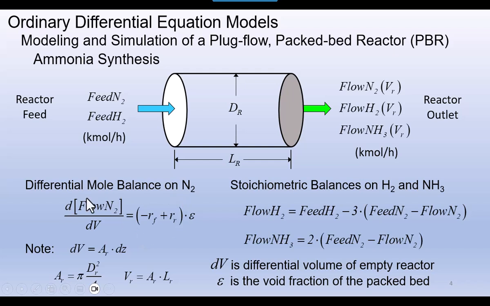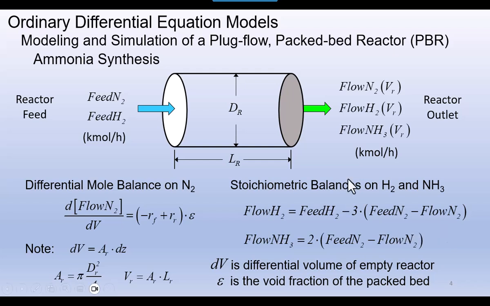And then once you have that, the model actually here is fairly simple, because if you know the feed flows of nitrogen and hydrogen, you can get the flow of hydrogen at any point in the reactor via stoichiometry, given the amount of nitrogen that has been consumed, times 3. And then you can also get the flow of ammonia by the amount of nitrogen that has been converted, times 2. So those are the balances.